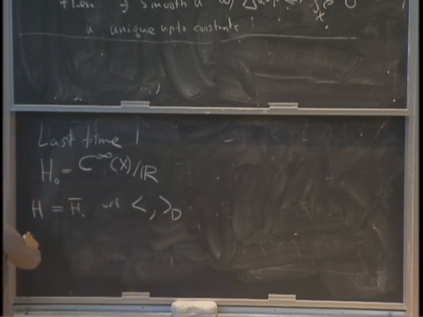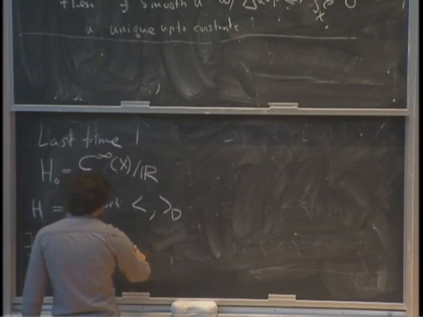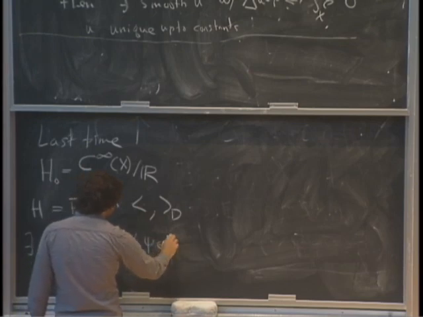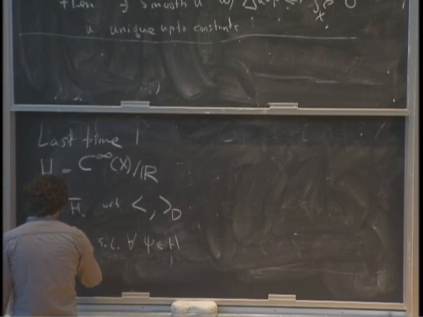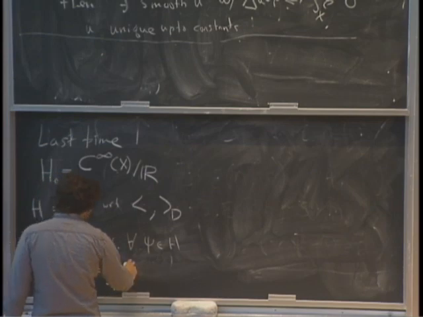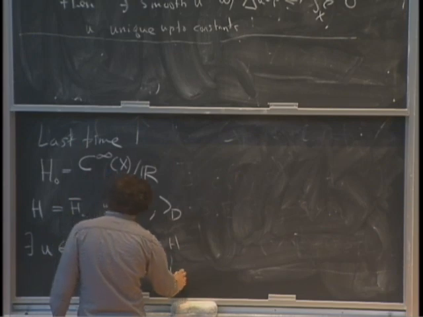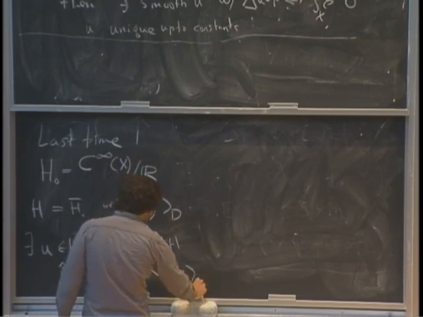Then we showed that there exists a U in H such that for all psi in H, the operator rho hat of psi, which was essentially the integral over X of the form rho against psi, was equal to psi paired with U with the Dirichlet energy.